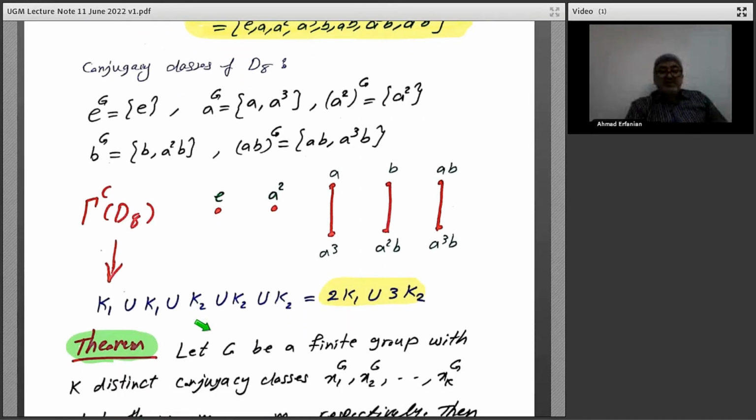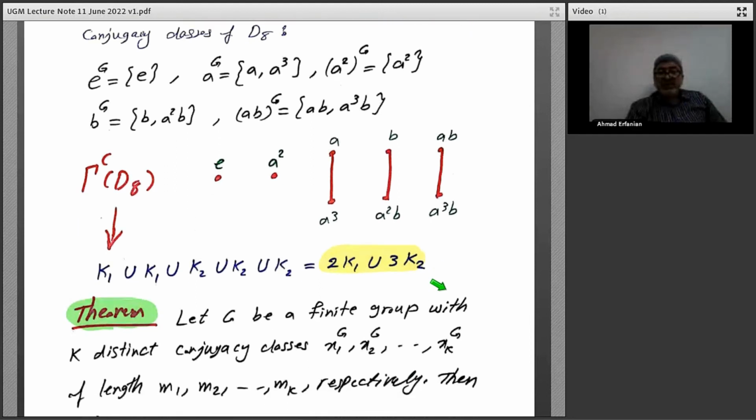And the conjugacy class of B consists of B and A square B, and the conjugacy class of AB consists of AB and A cube B. So we have 5 conjugacy classes, 2 conjugacy classes of size 1 for identity and A square. So here we have 2 isolated vertices and 3 conjugacy classes of size 2, right? And here we have 3 edges.